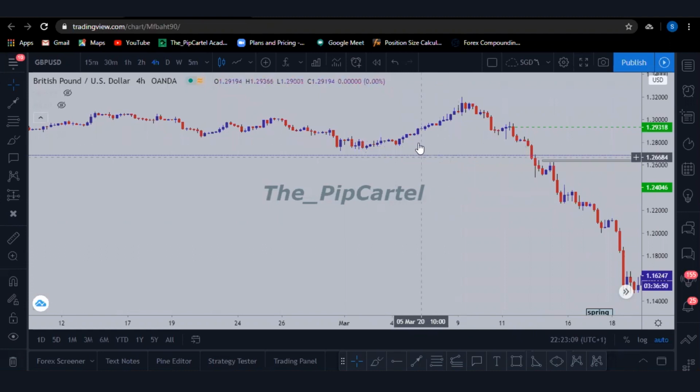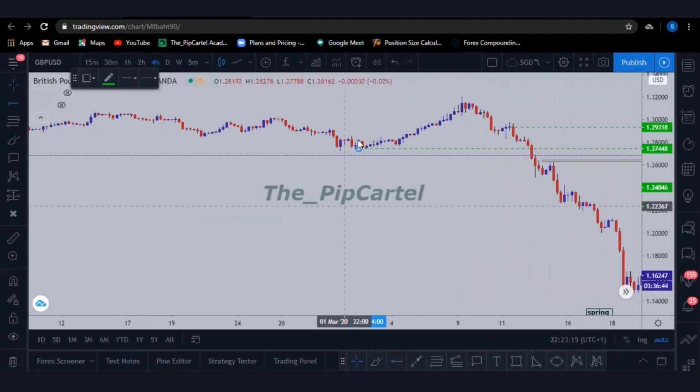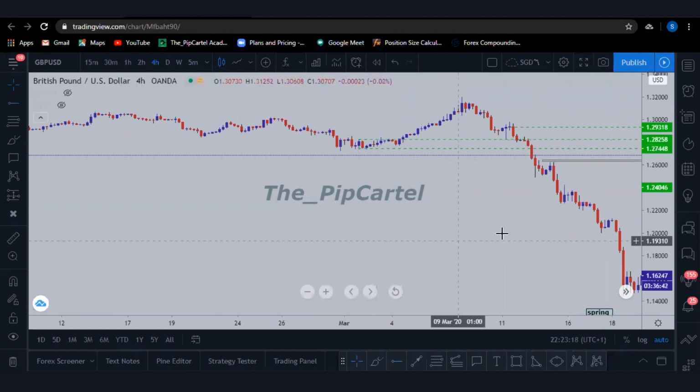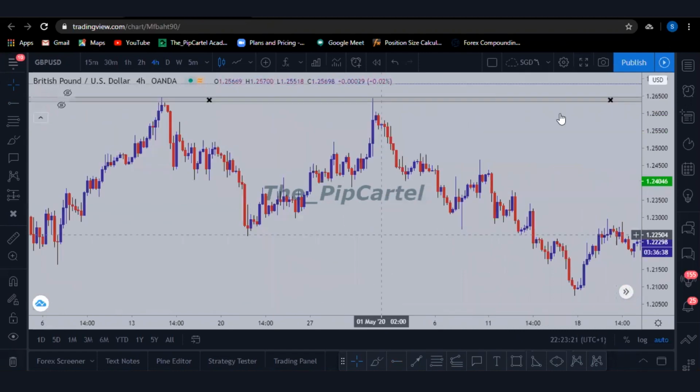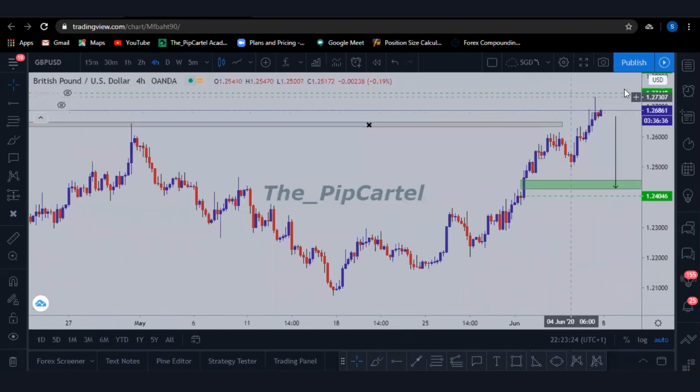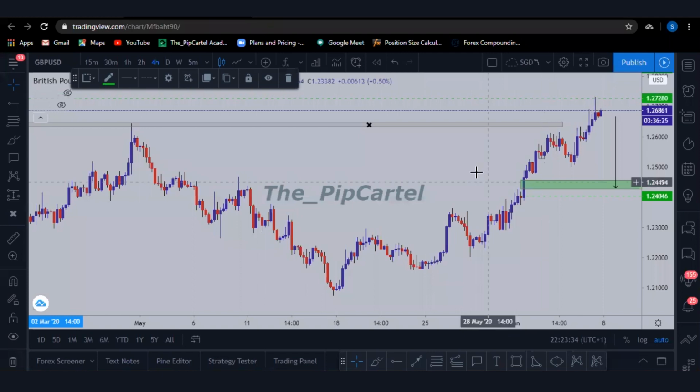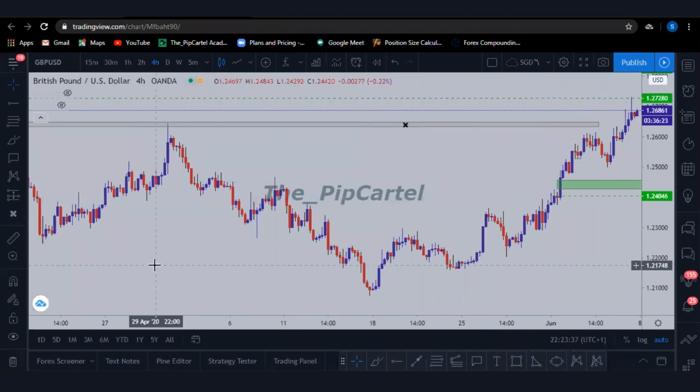Because there's also this zone right here. So most likely, price actually triggered this zone already. On the other chart, it was quite perfect because I marked it out perfectly. Price triggered this entry already, and most likely price is gonna drop from there.